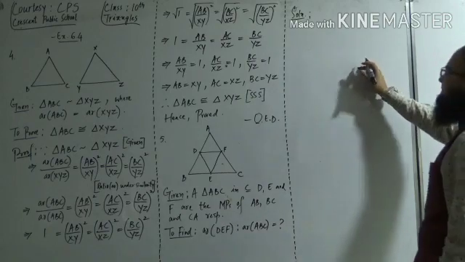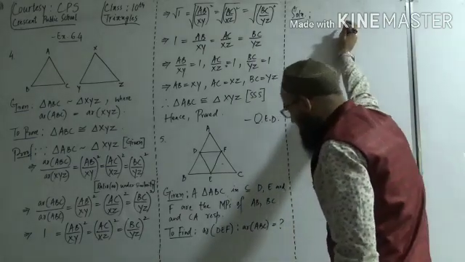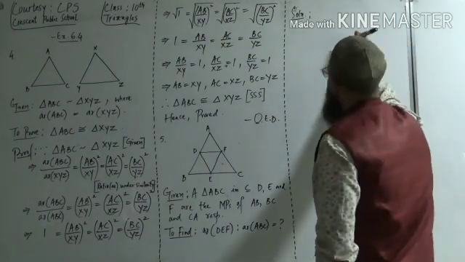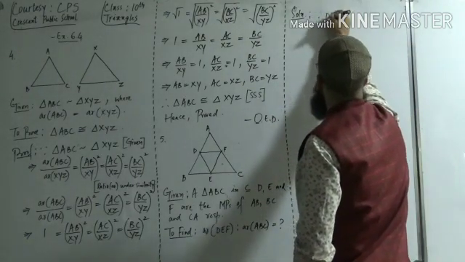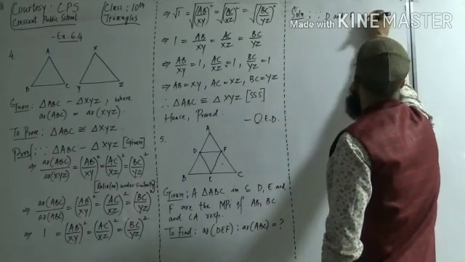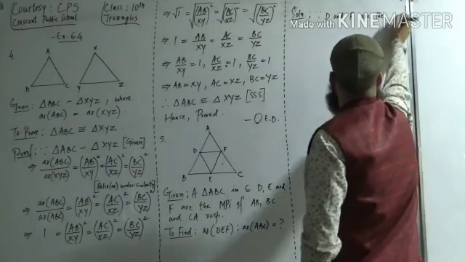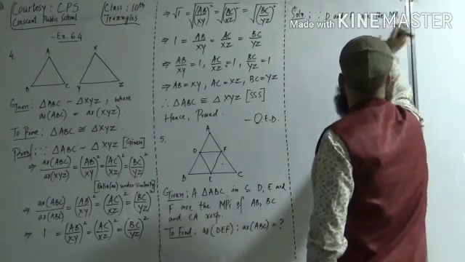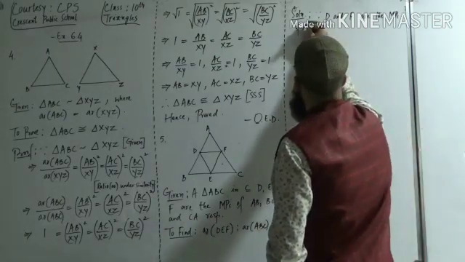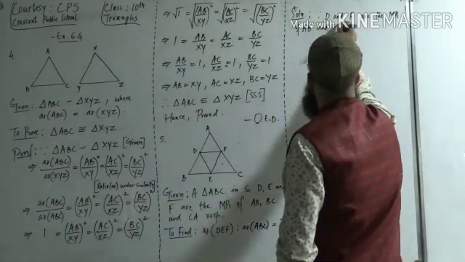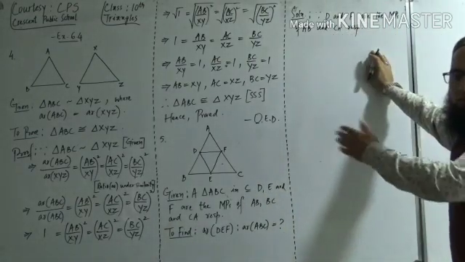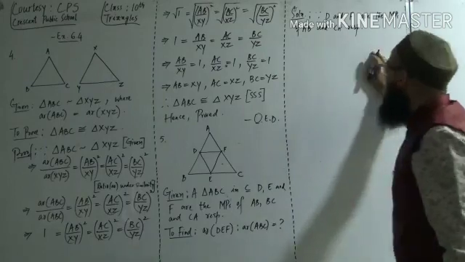Since D and F are the midpoints of AB and CA respectively, it's given that D and F are the midpoints of these sides.